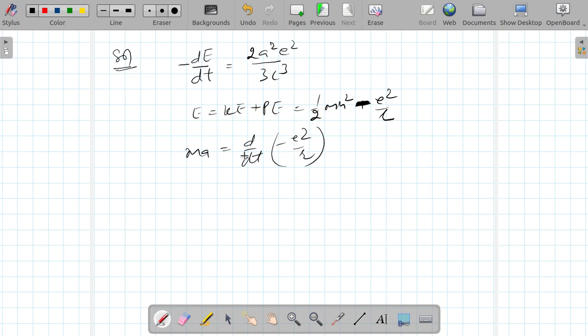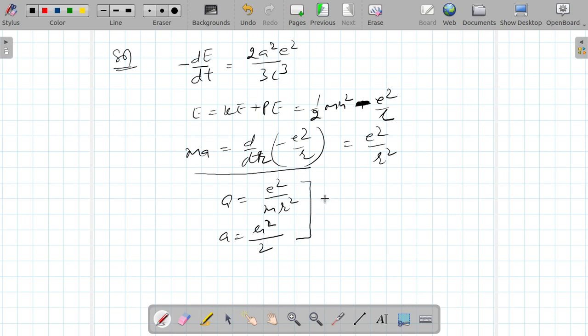This force is nothing but the negative of the potential gradient. It's a gradient, so that's why it is d upon dr. So it is simply e square by r square. So therefore, from this equation of motion, this centripetal acceleration is e square over mr square. But centripetal acceleration, we know from the basic definition, is u square by r.